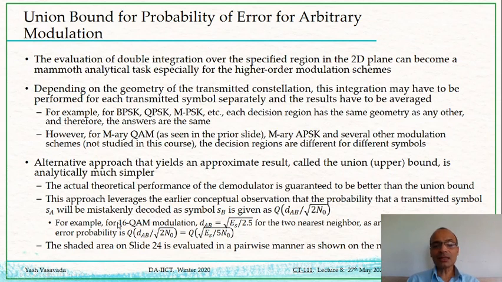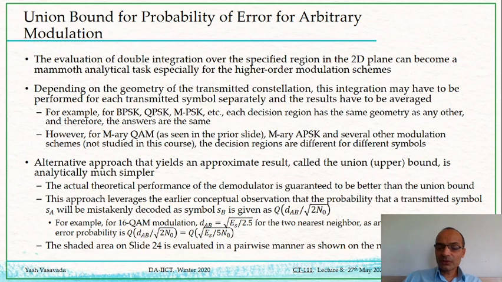And we have also seen that for 16 QAM, the distance between the 2 points, at least the 2 adjacent points, is given as square root of Es divided by 2.5. And so if I take 2 adjacent points from any given transmitted symbol, I will get the probability that that symbol is mistaken for that other symbol. And that is nothing but Q function of square root of Es over 5 N0.